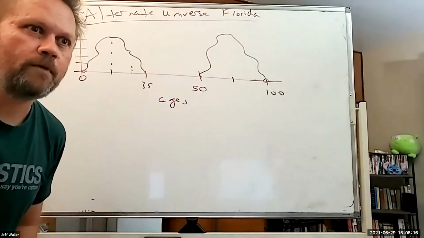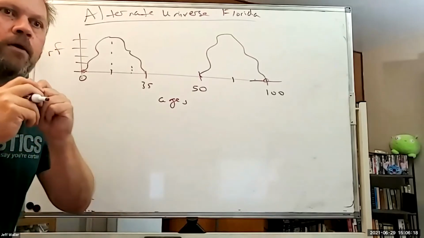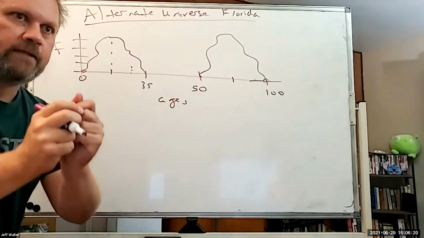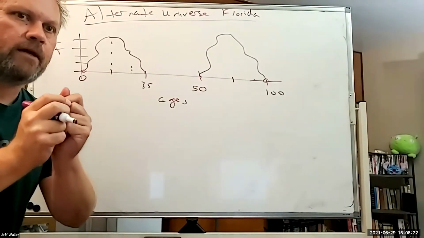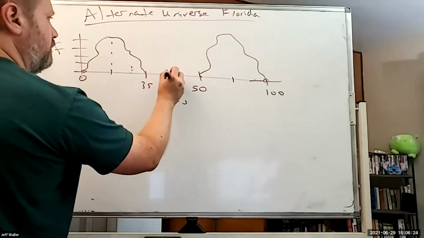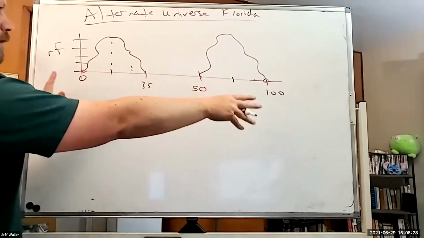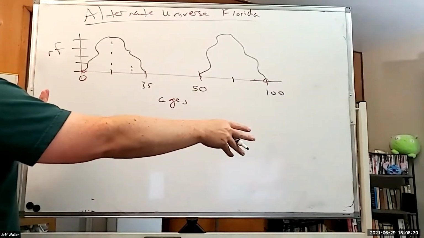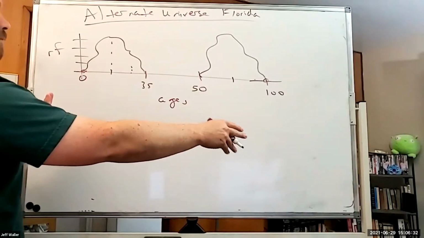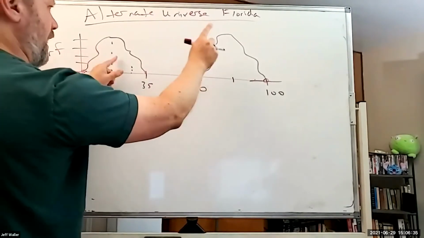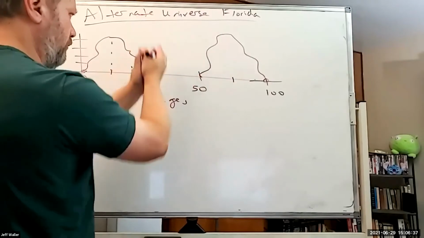Okay. All right. Now, let's be a little more specific. Where would the mean be? Where would the average be? In the middle, right here, because these would average with these, and so it'd be right there.